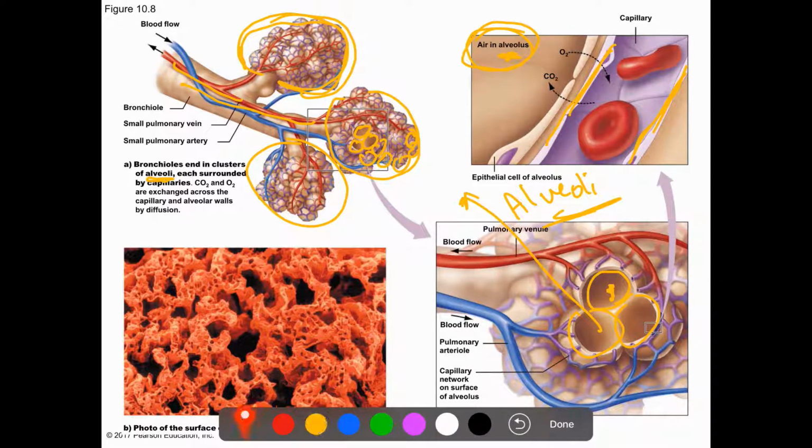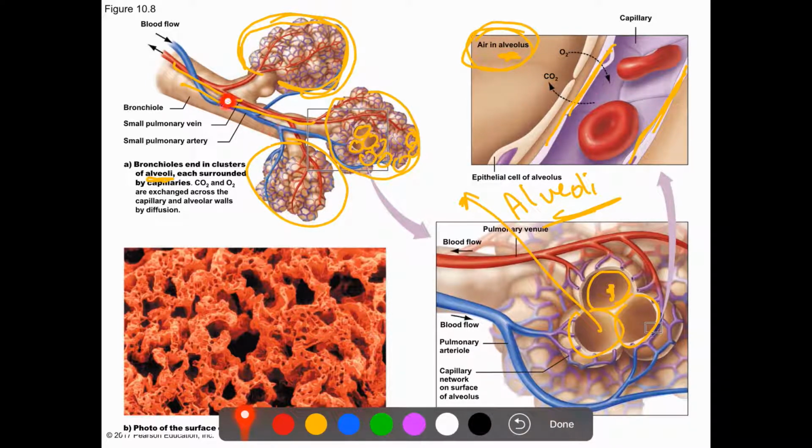I need you to notice here, these blood capillaries are surrounding the walls of the alveoli from outside. So here they are, and the blood is running within the capillary. So the gas exchange is happening between the blood capillary and the air within the alveolus.